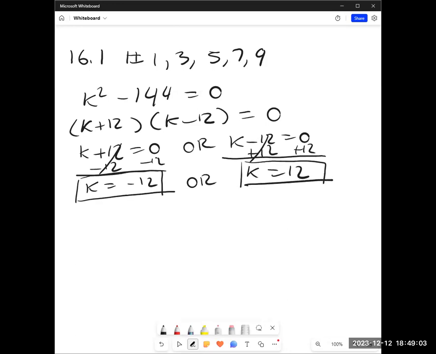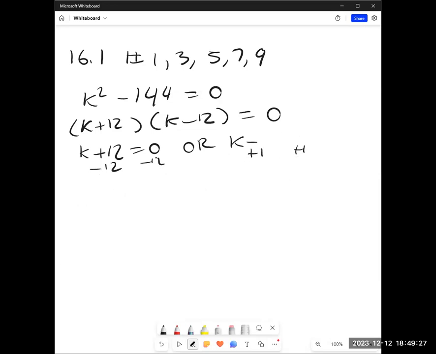So lots of times in my labs, when you are writing your answer, there's a box that says k equals something like this, and you want to write your answers separated by commas like so. All right, that was the first problem.